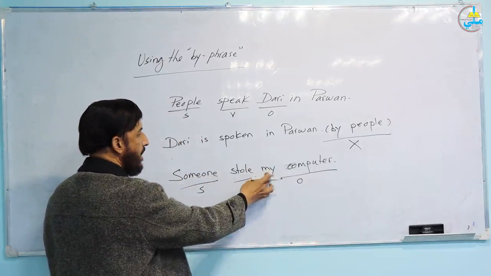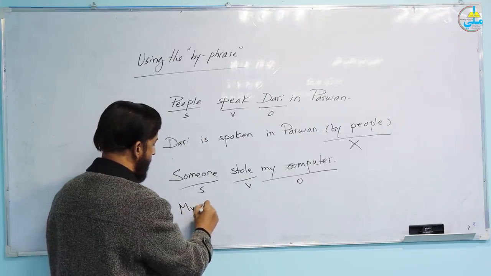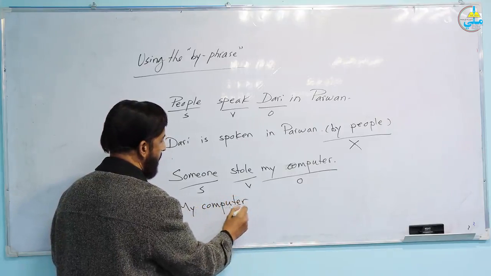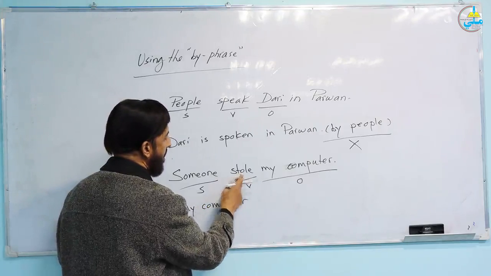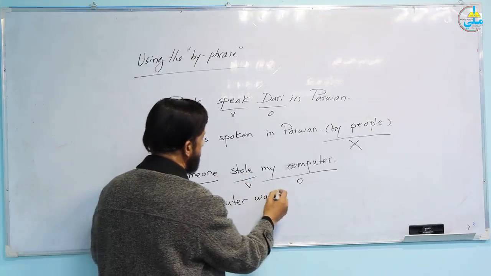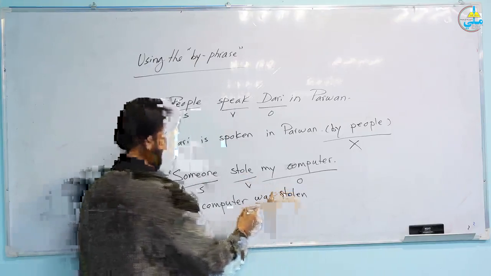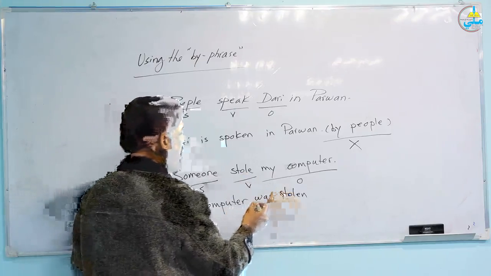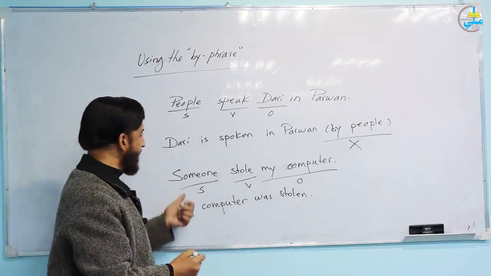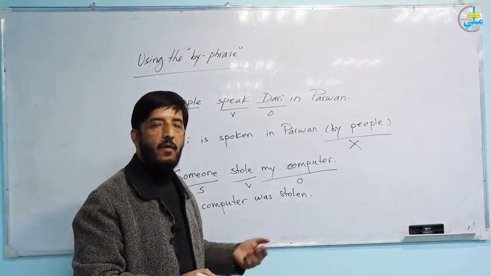So here, this becomes the subject. My computer, the verb is second form, we use was. And then third form of stole, stolen. My computer was stolen. There is no need for by someone. My computer was stolen by someone.